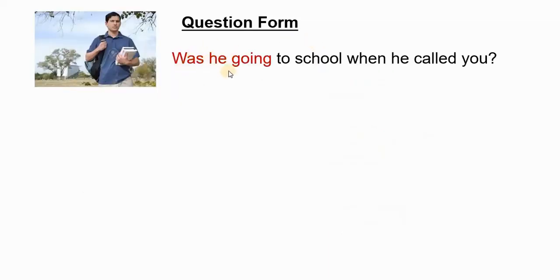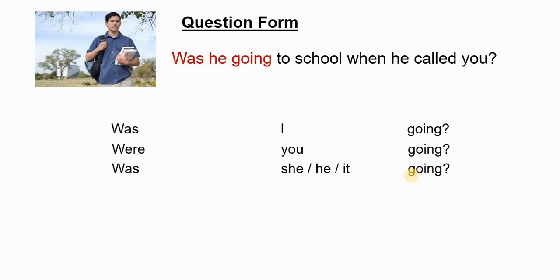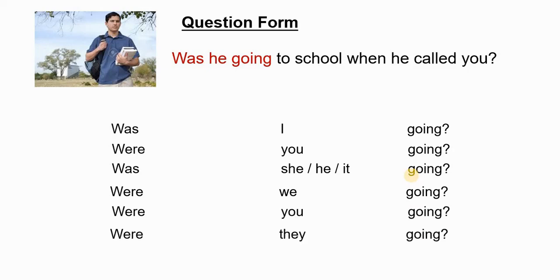Was he going to school when he called you? So, was I going? Were you going? Was she, he, it going? Were we going? Were you going? And were they going?